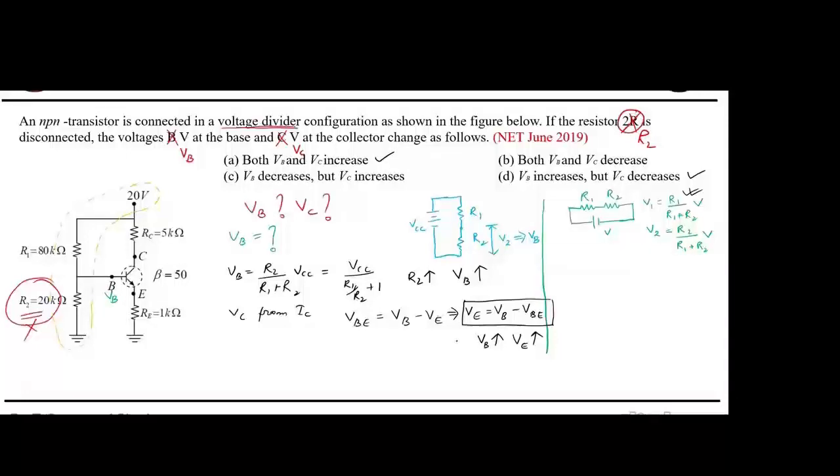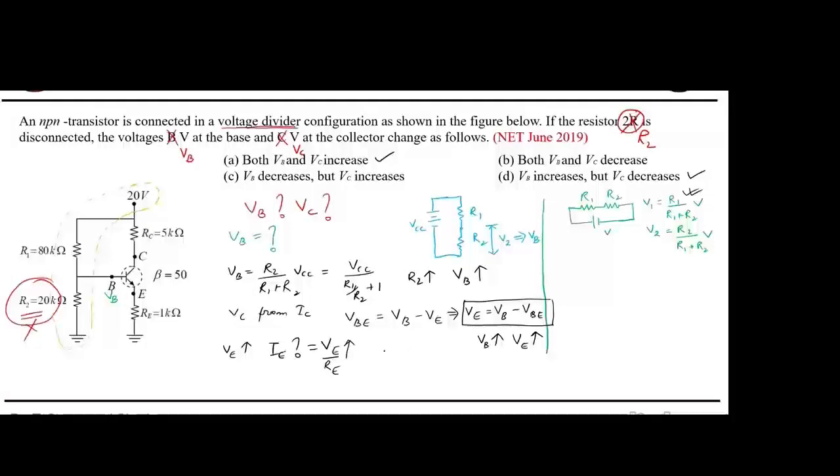Yes, sir. But if VE increases, what will happen to IE? Increase. Because IE is equal to VE by RE. Yes or no? Yes, sir. So that means IE also will increase.